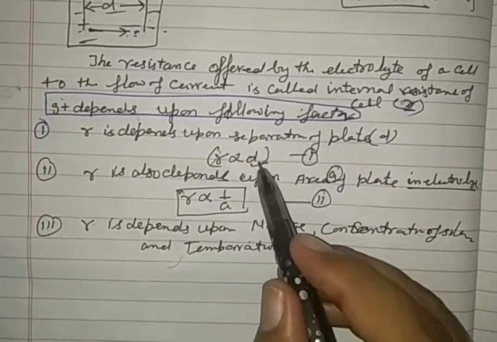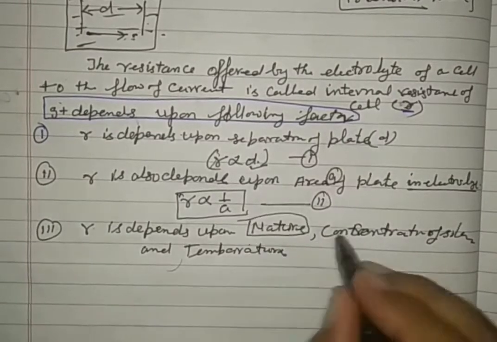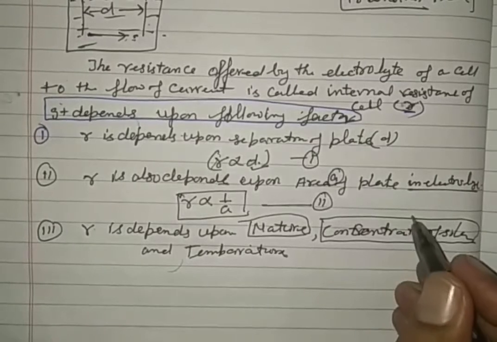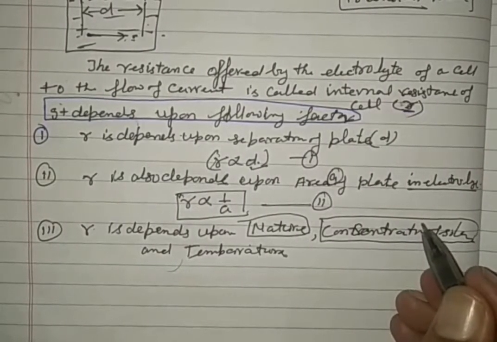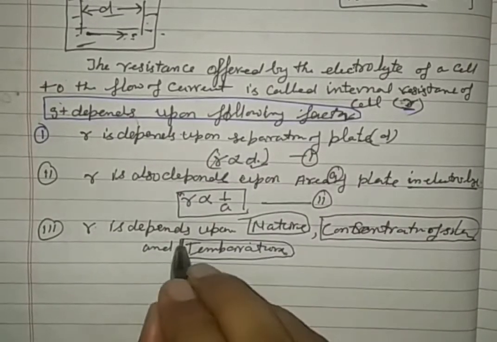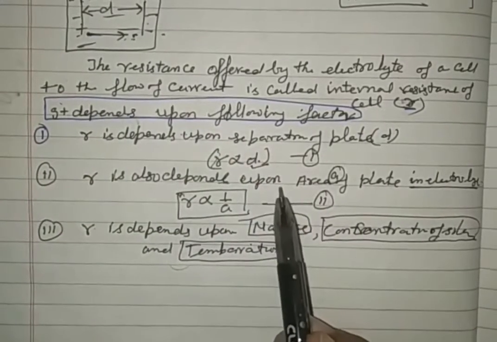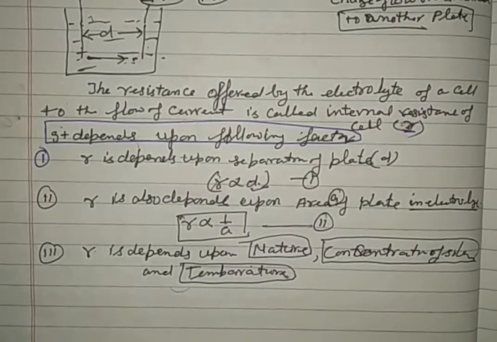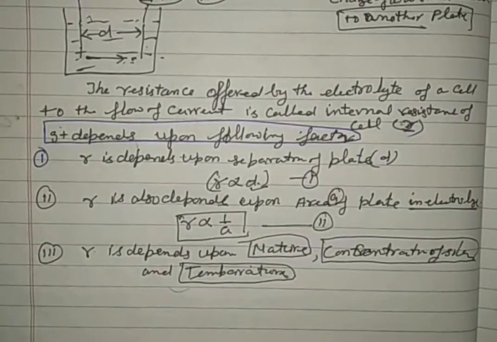These parameters are separation between plates, area of plate, nature of plate, concentration of solution, higher concentration, higher resistance, low concentration, low resistance, and temperature. So it means that it is not a constant, right? It changes with changing conditions.